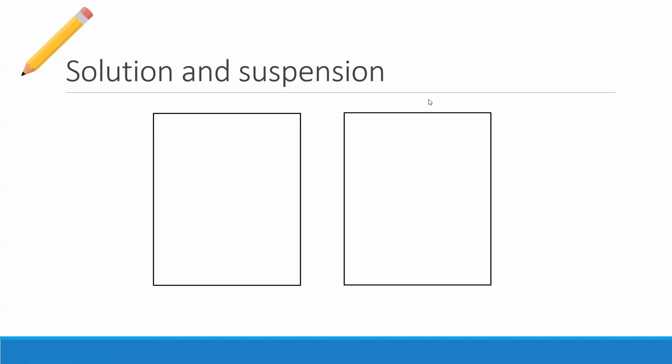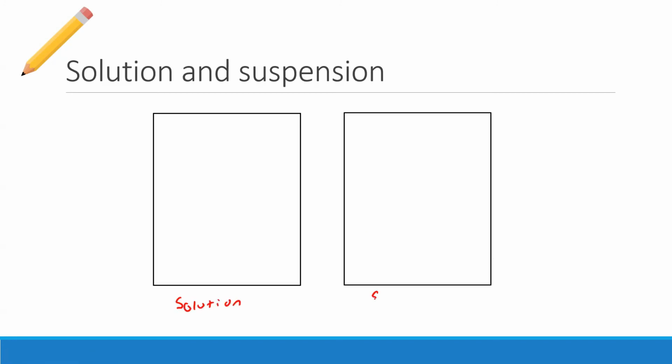So let's see, how are we going to do this? Okay, cool. So we're going to do a suspension versus a solution. On the left, we're going to write down a solution.